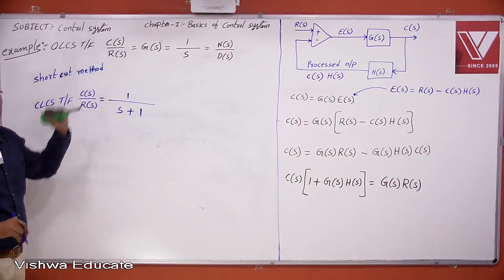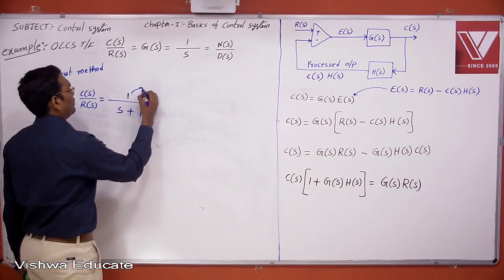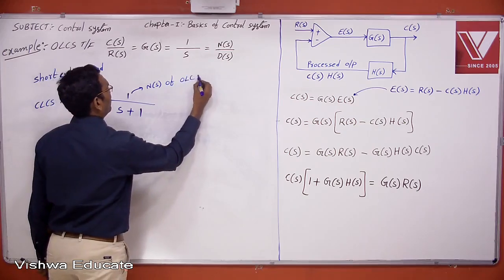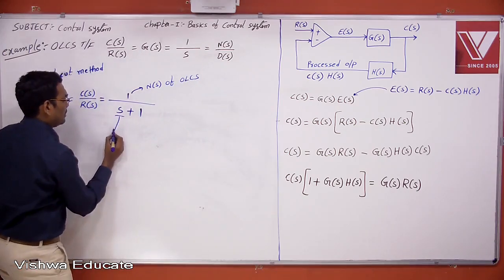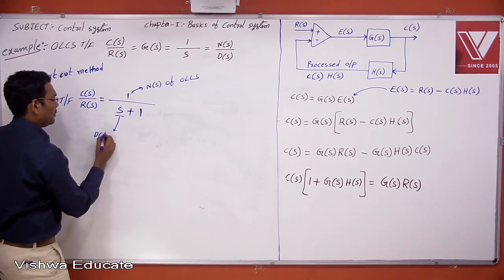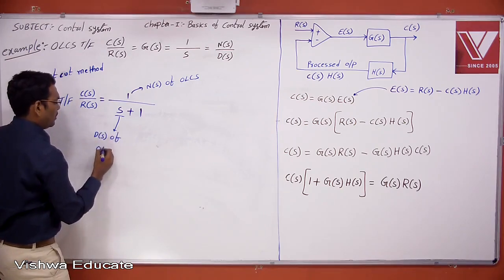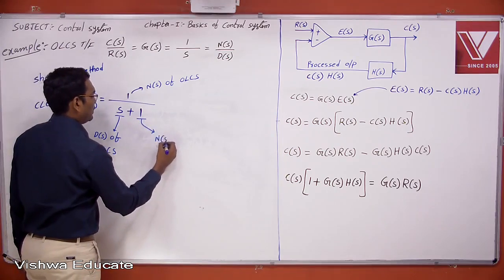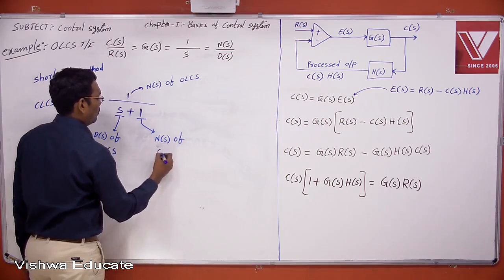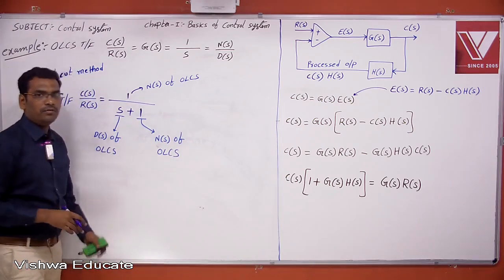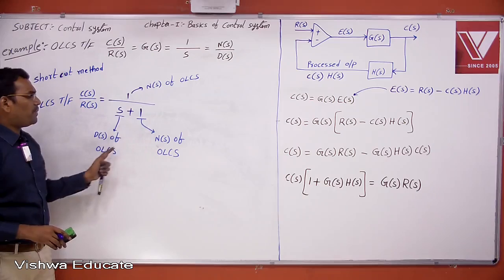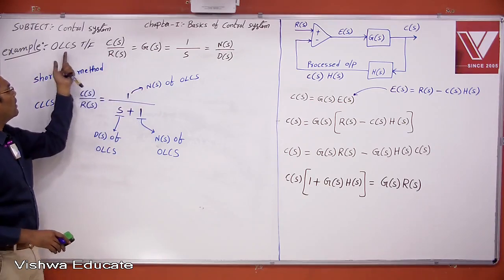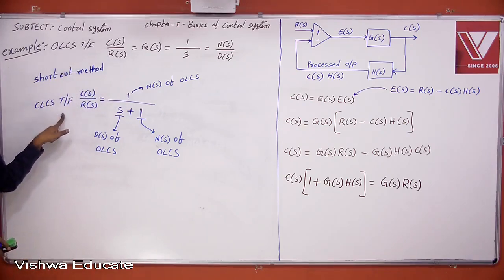Are you getting the same or not? Now see here, in the shortcut method, this is the numerator of the open loop, this is the denominator of the open loop, and this is the numerator of the open loop. If you take these three parameters of the open loop, you can automatically convert from the open loop control system to the closed loop control system.